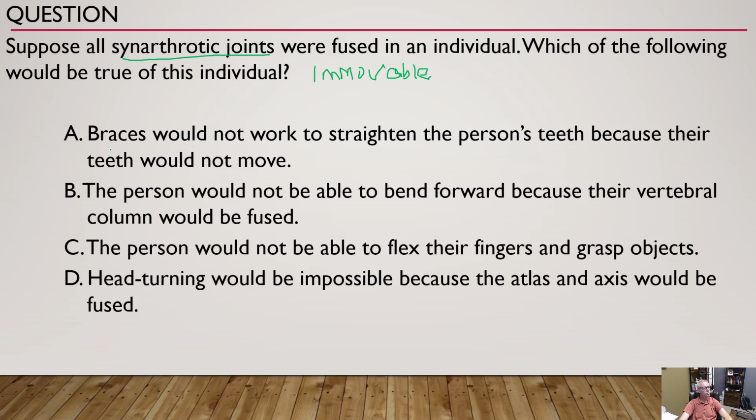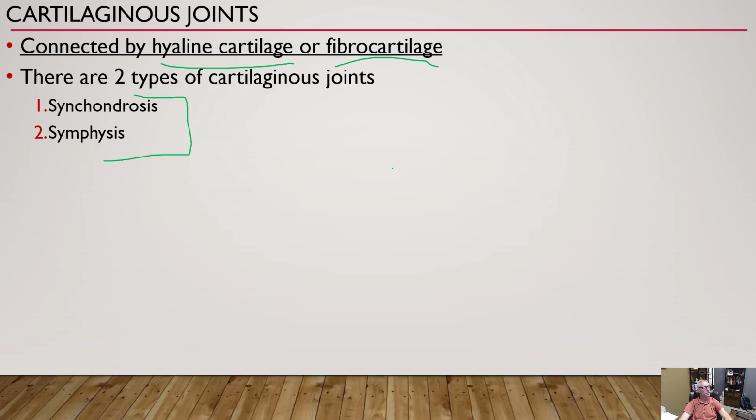Immovable. So braces would not work to straighten the person's teeth because their teeth would not move. So is teeth a synarthrotic joint? That's what we need to know. We go back way up here.